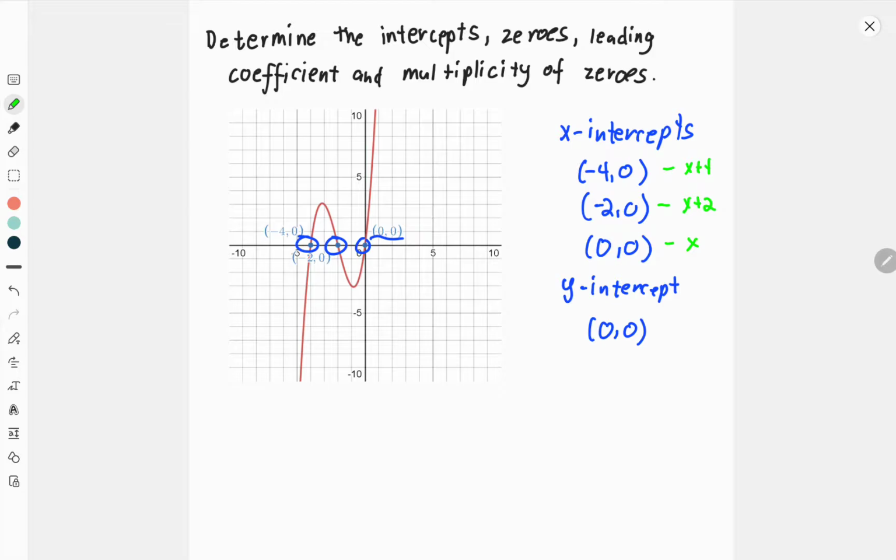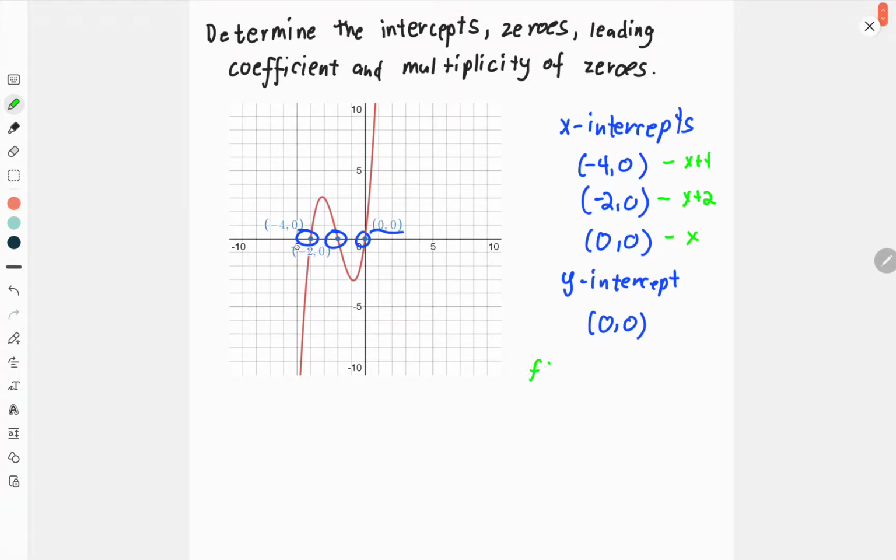So technically, when you want to find out your function, f of x equals x, then x plus 2, then x plus 4. Now, you multiply all the x's and you would see your leading coefficient. And I believe our leading coefficient, when you multiply all the x's, is 1. So I think we are done with this one.